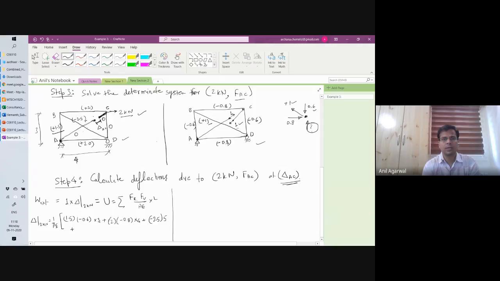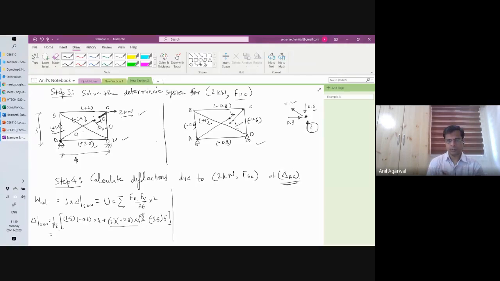The other horizontal member is AD, which is plus 2 here and minus 0.8 here, which is same as this one. So I'll simply write multiplied by 2 here. Okay. If I solve it, what do I get? I get 3 multiplied by 1.5 multiplied by 0.6. That is minus. See, all terms are minus, right? All terms are negative.